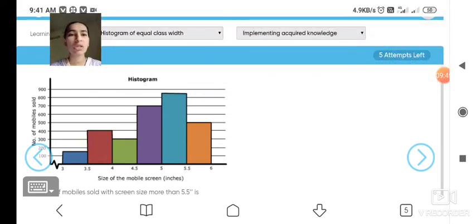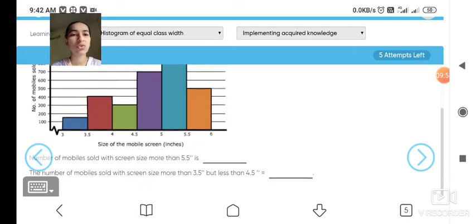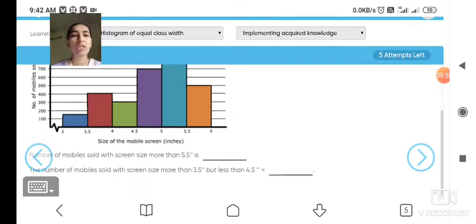You can see there is no gap between bars, so this is a histogram.